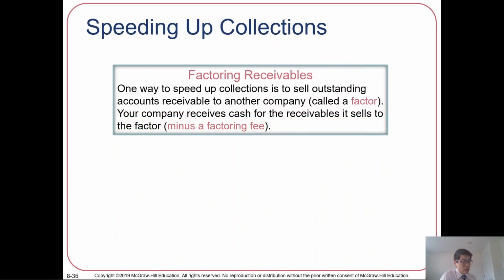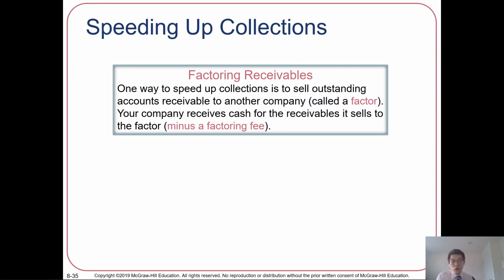Speeding up collections. Sometimes if companies run into bad debt or uncollectibles, they will factor it to third-party collecting agencies. They sell their accounts receivable at a discount to a third-party company.